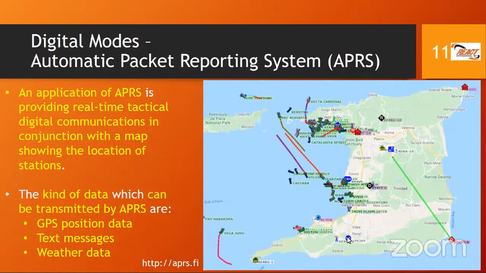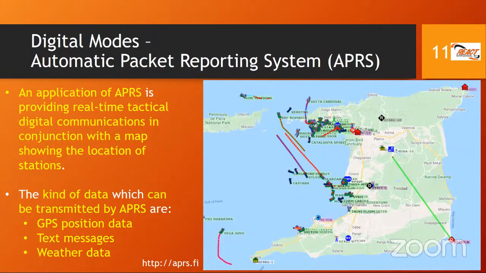Also, you may see some WX symbols on this map. Those are weather stations that are reporting, automatic weather stations, or AWSs, that are sending out real-time weather information, things like temperature, barometric pressure, wind speed, wind direction, rainfall, and so on. And that information is available.